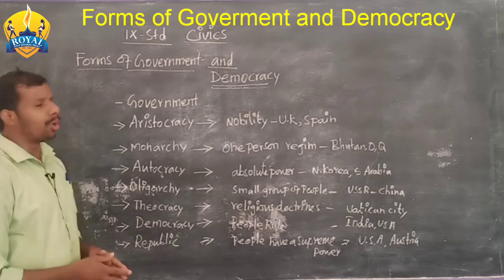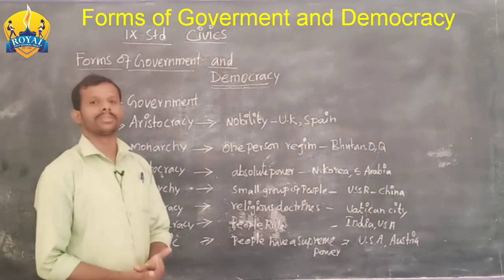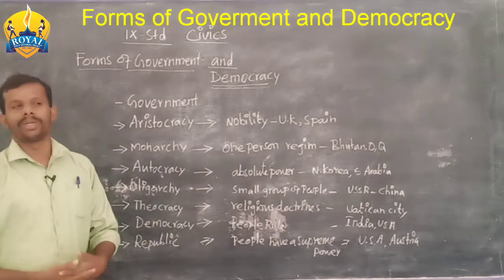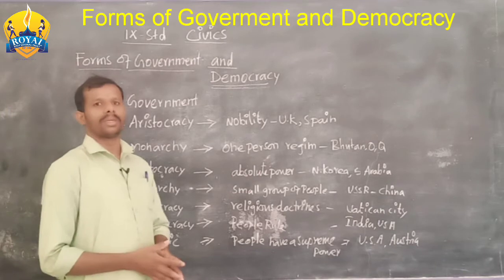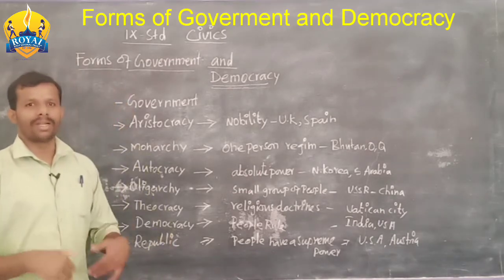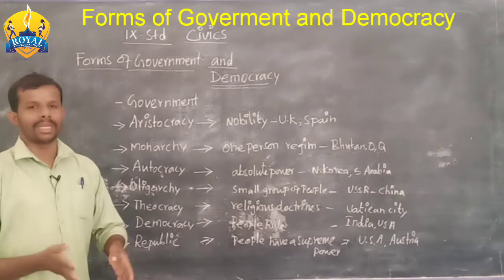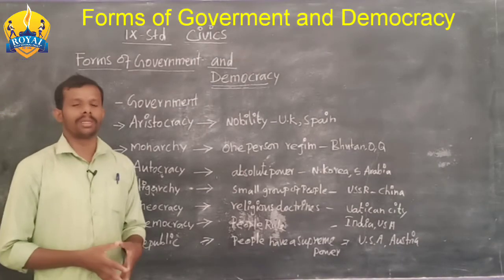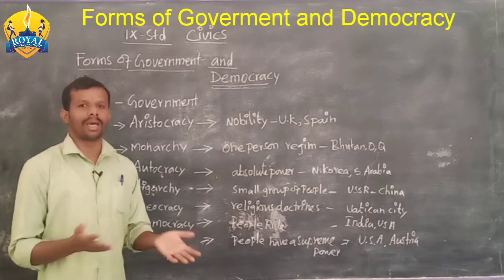Now we must know what government is, what the importance of government is, what the use of government is, and what happens if there is no government. We cannot imagine it in modern days, especially in this situation. If there is an absence of government, what will happen?